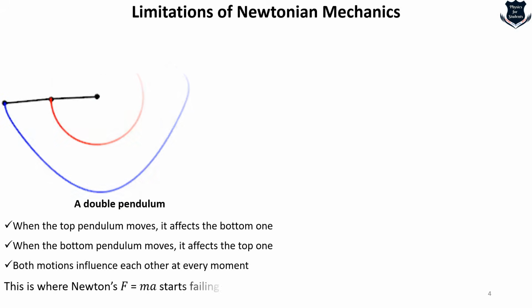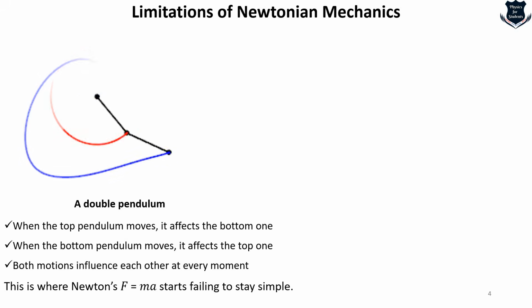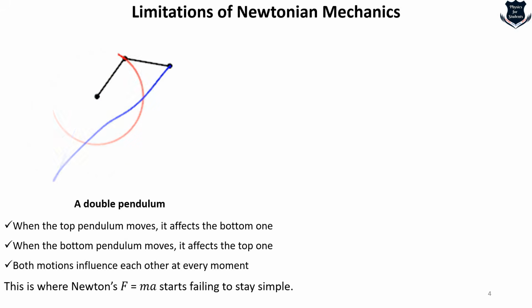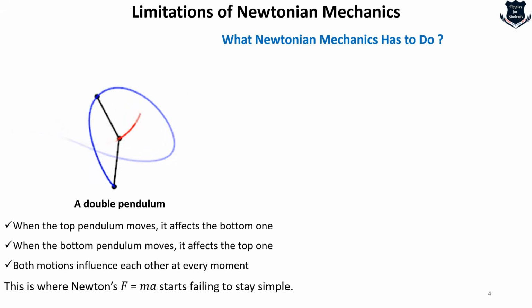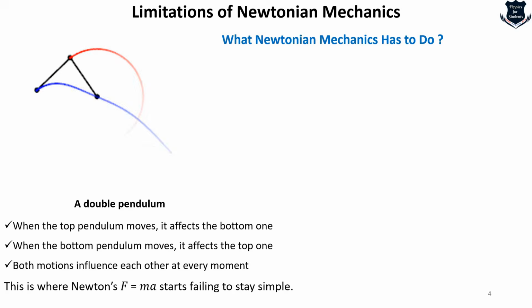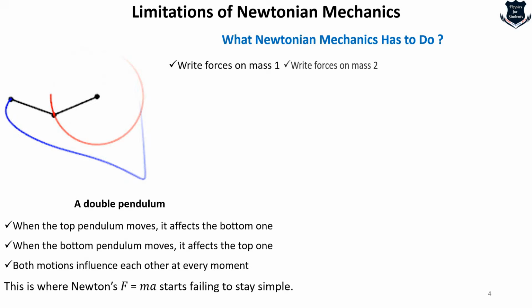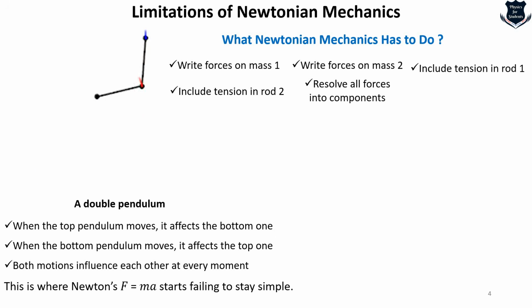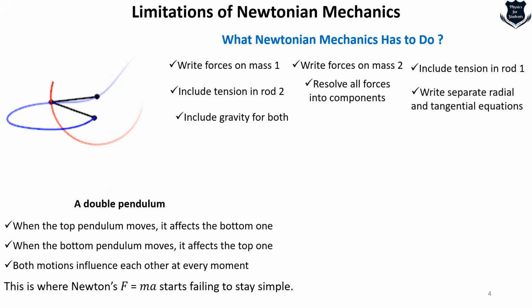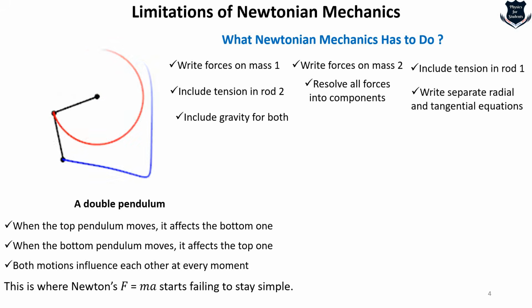Now, how will we use Newtonian mechanics using F equals ma? This is where the limitations come. With a single pendulum we encountered certain steps, but with a double pendulum, first we need to write the force on mass 1 and that on mass 2, include the tension on rod 1 and rod 2, resolve all the forces into components, write separate radial and tangential equations, and include gravity for both.